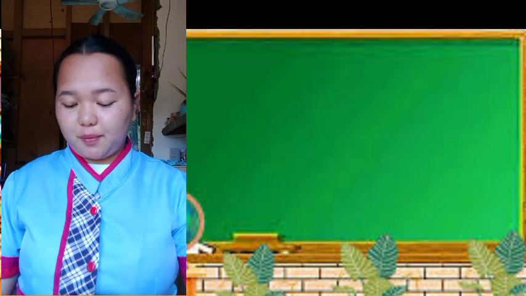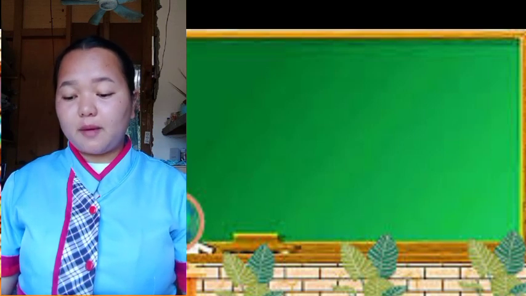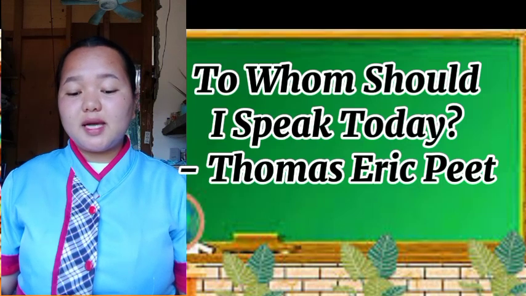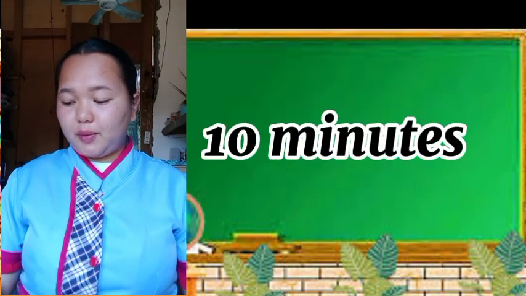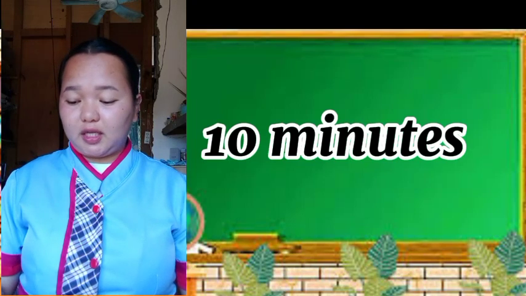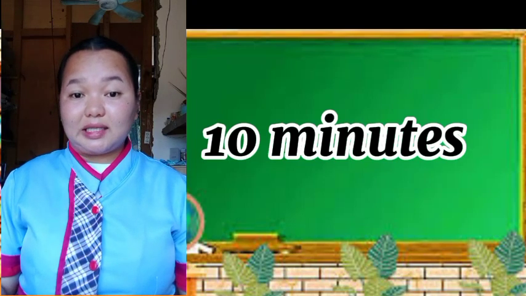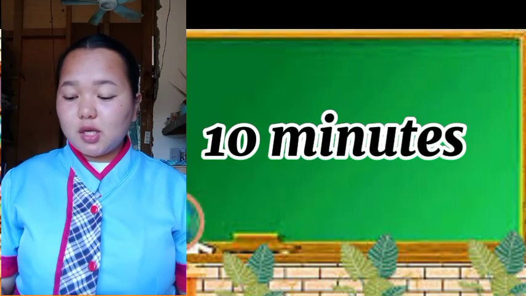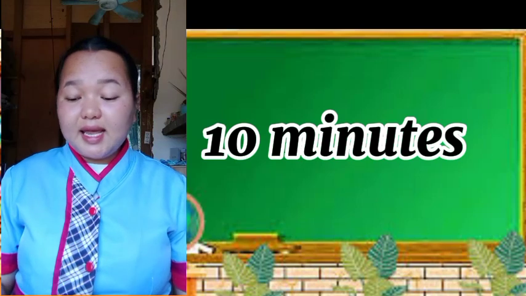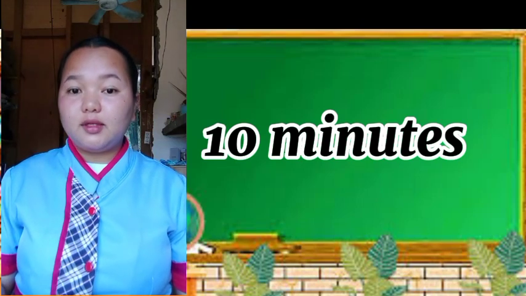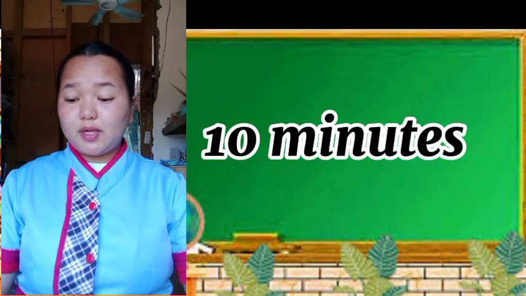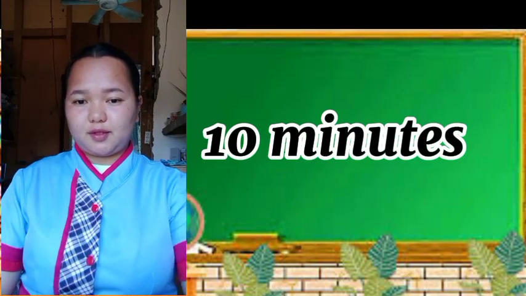The title of this poem is To Whom I Should Speak Today by Thomas Eric Pitt. Once you receive the paper, you can start. By the way, this is an individual activity, so do this honestly and correctly.